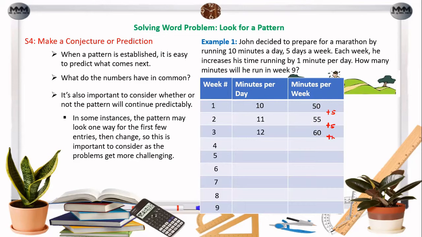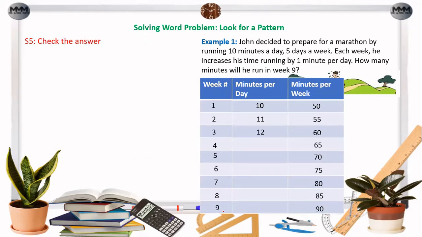So if we add 5, we have 65. Add 5, we have 70, 75, 80, 85, and then 90. So notice here, we have arrived at 90 minutes in week 9.